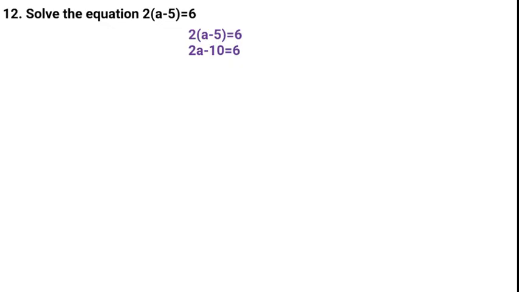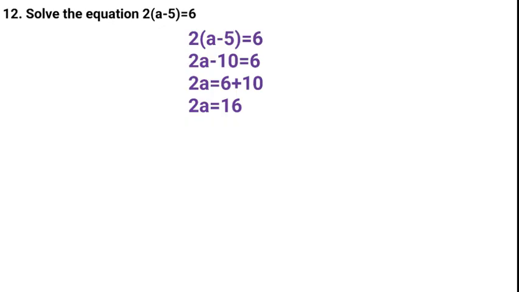So I'm going to write 2a is equal to 6, then 10 will cross the equal sign and become positive, so it's going to be plus 10. Then I need to evaluate 6 plus 10, so 2a is equal to 16. The next thing is to divide both sides by 2. Why 2?